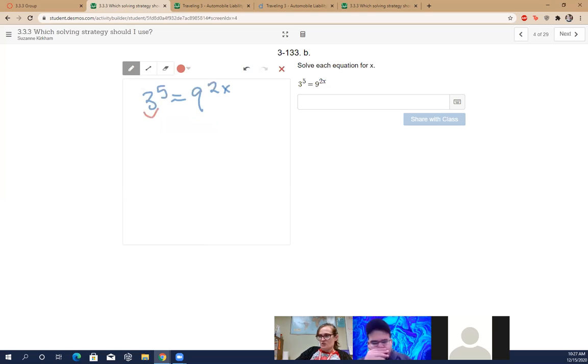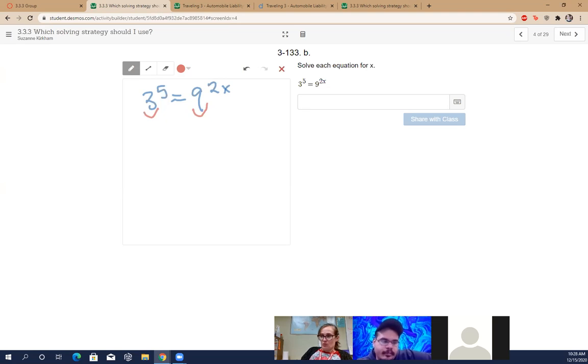Okay, one base is 3 and the other base is 9. What number do they have in common? Wouldn't it just be 3? Yeah, they both have 3.